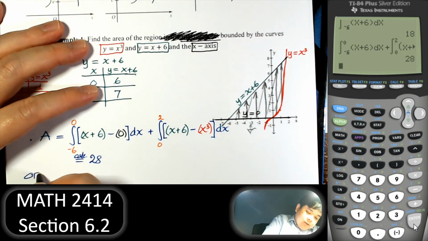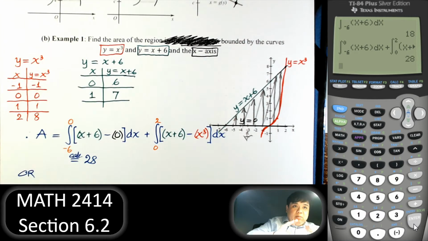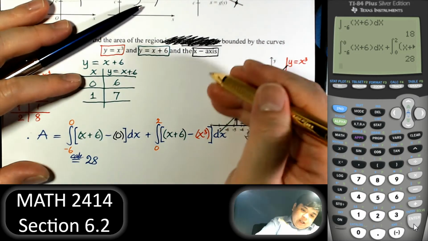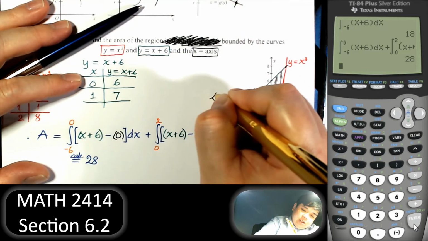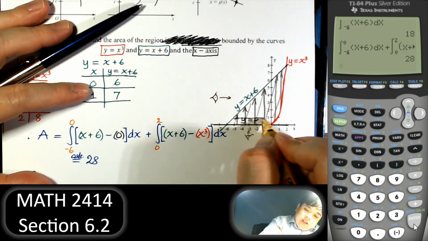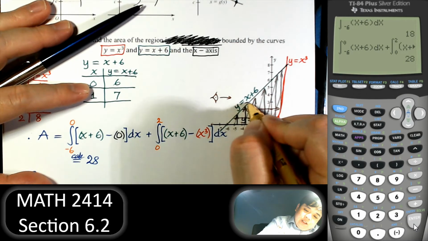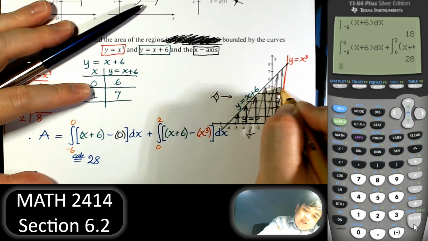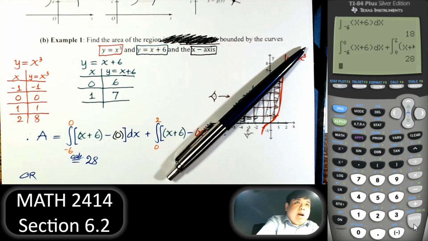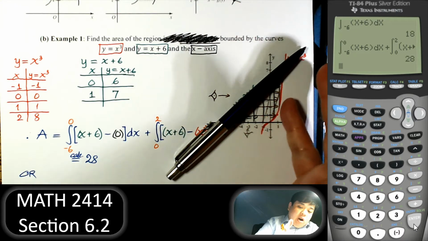Or now, instead of looking along the y-axis, we can look this way, along the x-axis. In that case, we're bounded on the left by this function, bounded on the right by the curve.